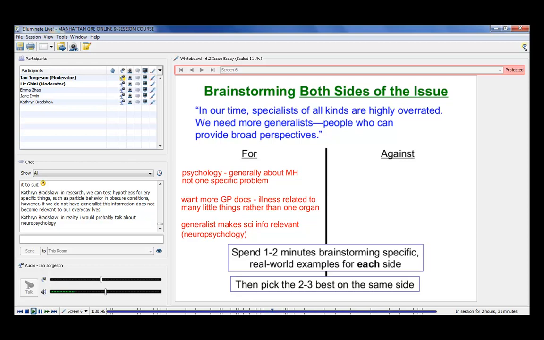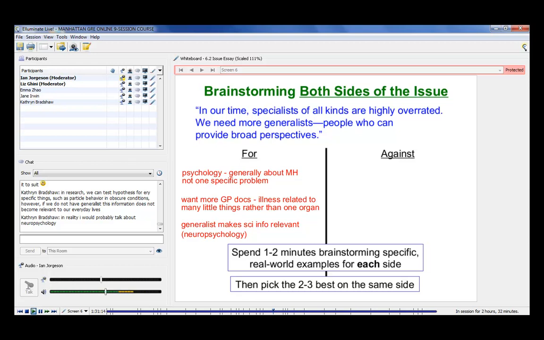I'm a little bit worried that we're still kind of in the same general sphere of influence, but that's okay. If I was going to go with this, I'd probably do the neuropsychology and then maybe the GP, because then we get science and health, and we get psychology and medical health, and we don't have two that are just health, and we don't have two that are just psychology. But whatever, there's different ways to approach that.